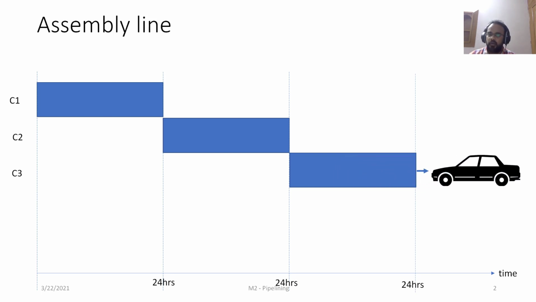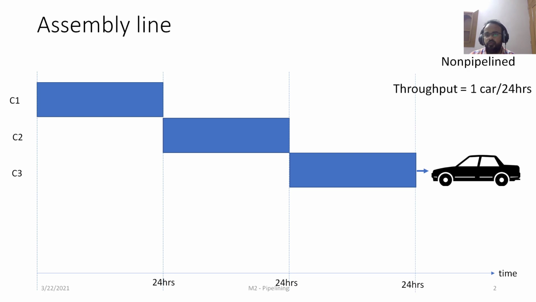If we look at the overall operation, we would call it non-pipelined operation. We are going to look at why it's called non-pipelined. But if we look at the throughput, how many cars we are able to produce per unit of time, it would be one car for every 24 hours.